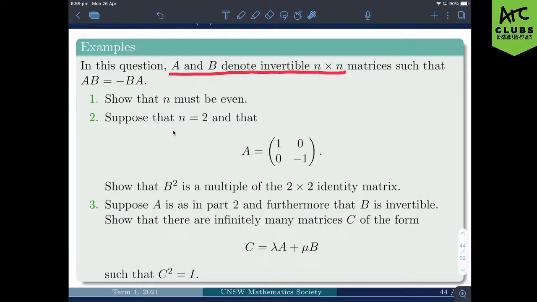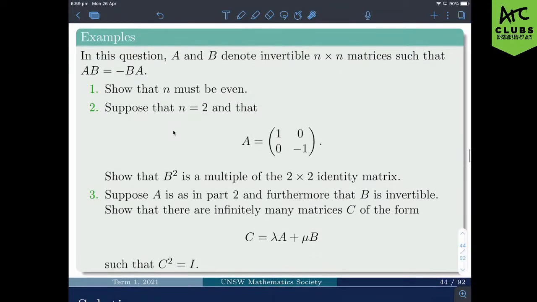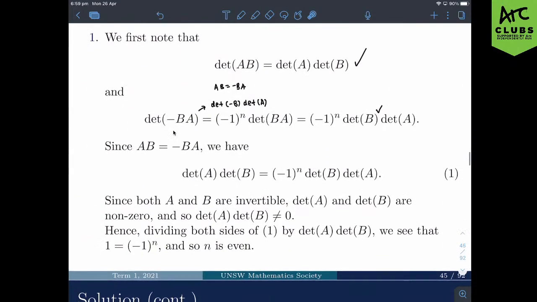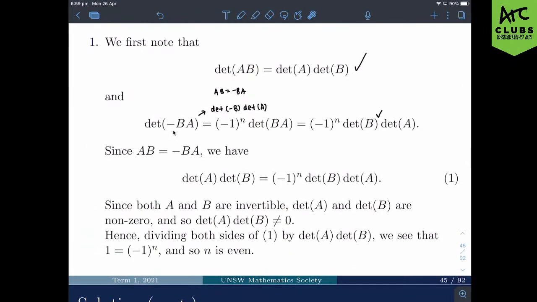Now we're maybe a little bit stuck again, but we use the property that they gave us, that A and B are invertible. So we're squeezing out every single fact that we can find from the question and taking advantage of it. A and B are invertible, so their determinants are non-zero. That means that the product of their determinants is non-zero as well.